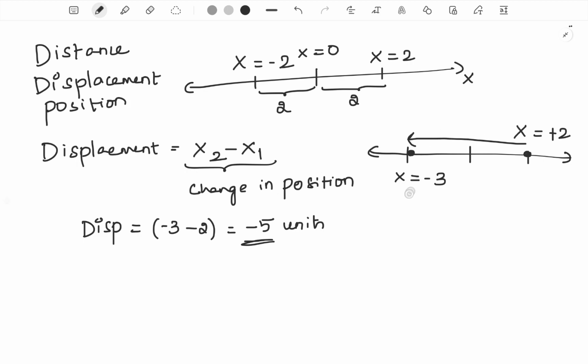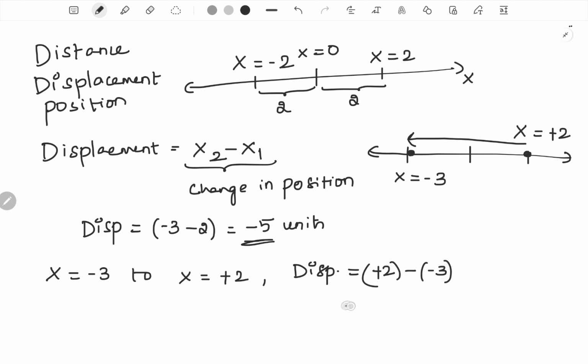The same particle, if it has gone from, let's say, x is equal to minus 3 at the start of some interval, and at the end of the interval it is finally at x is equal to plus 2, then the displacement is final position minus initial position, which is equal to 2 plus 3, which is equal to plus 5.